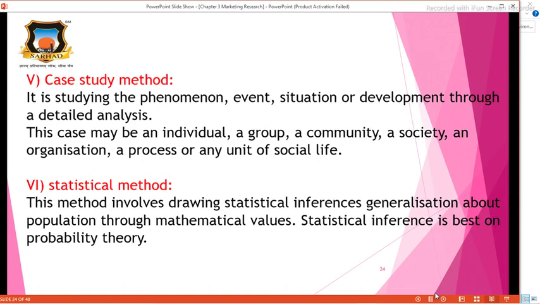The next is the statistical method. This method involves drawing statistical inferences and generalizations about the population through mathematical values. The statistical inference is based on probability theory. Hence, the research completely depends on certain statistical methods.